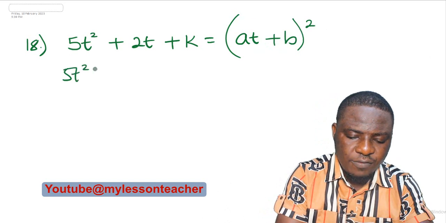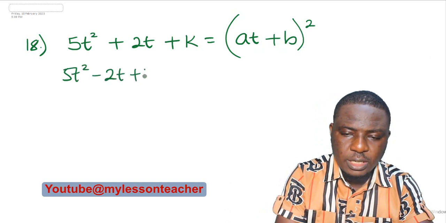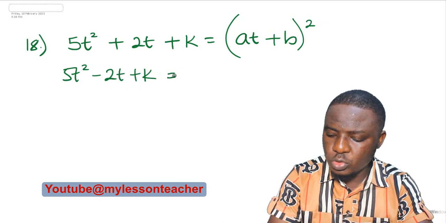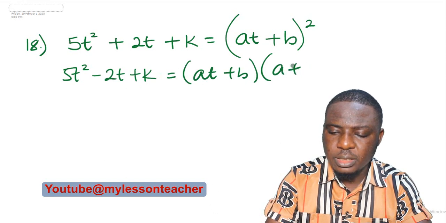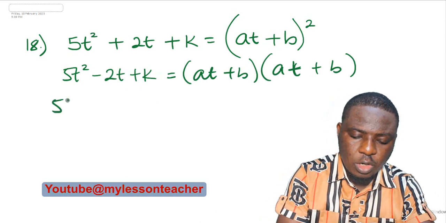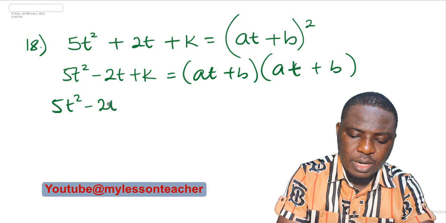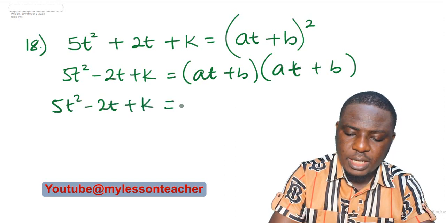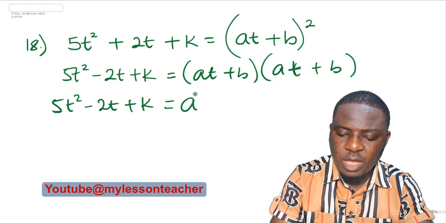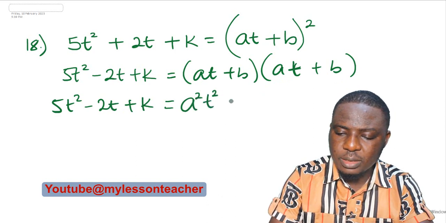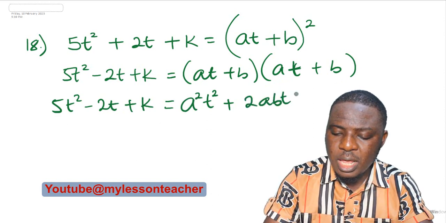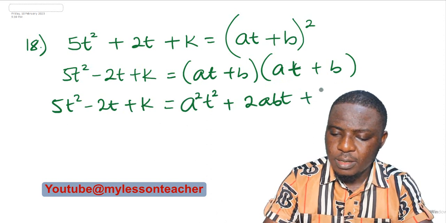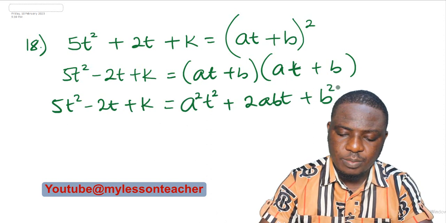This becomes 5t squared minus 2t plus k is equal to at plus b times at plus b. So when you multiply, you have a squared t squared plus 2abt plus b squared.